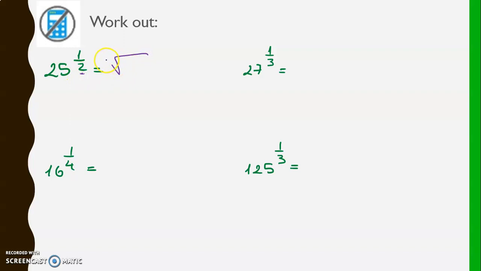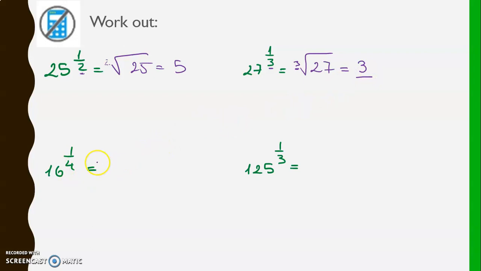So we have an invisible 2 there, square root of 25, which is 5. Now 27 to the power of a third is the cube root of 27. This number matches this number here. Cube root of 27 is a number multiplied by itself 3 times to give you 27. That is 3 in this case.